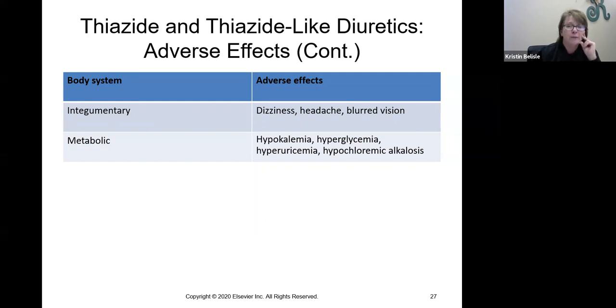So if you have a patient with diabetes, do you think we should be concerned about giving thiazide drugs? Yes, we should, because it could cause hyperglycemia. So that is a thought that we need to think about. We need to really watch our blood sugars. The other thing we need to know with this is it can increase the level of uric acid.